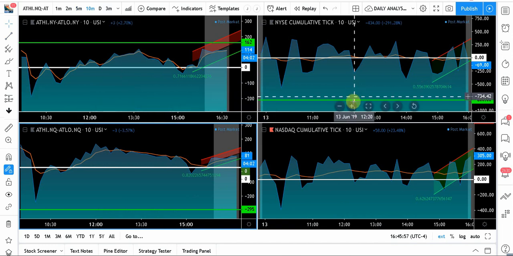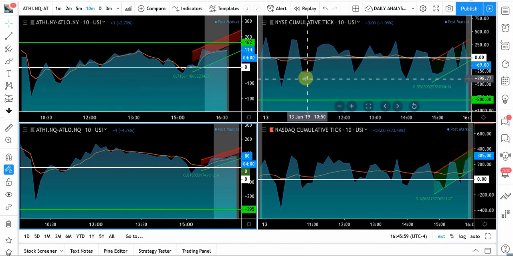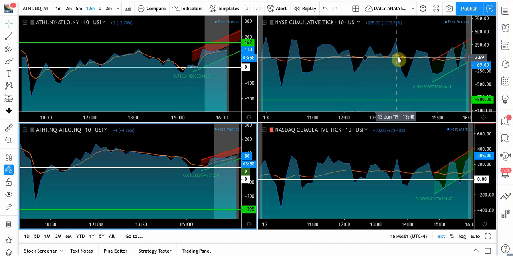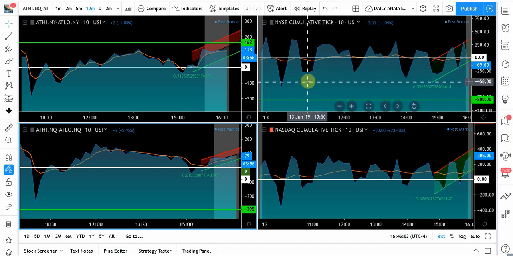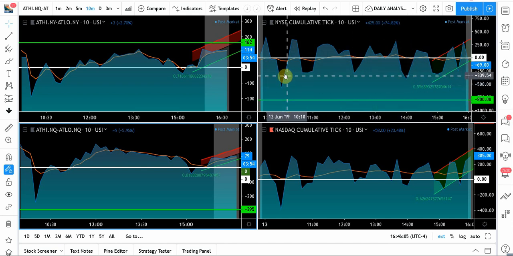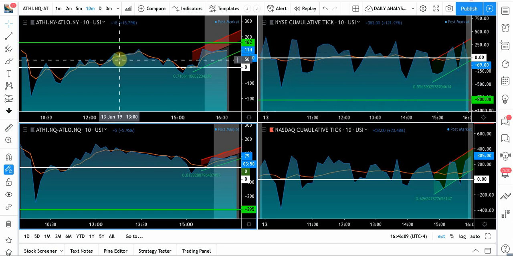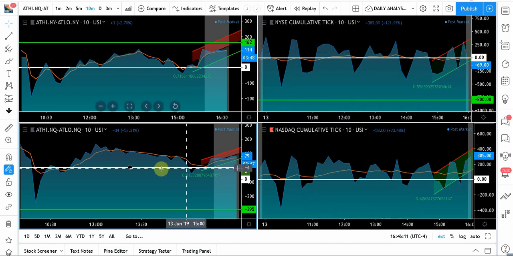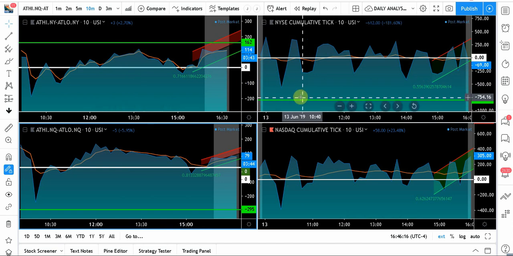So the way to look at this is, tick is pretty volatile. It rises and drops. But if you're thinking of shorting, and you see tick like right in here, and it's rising pretty hard, and let's say this is above zero, and this is above zero, and this is above zero, you don't want to short.